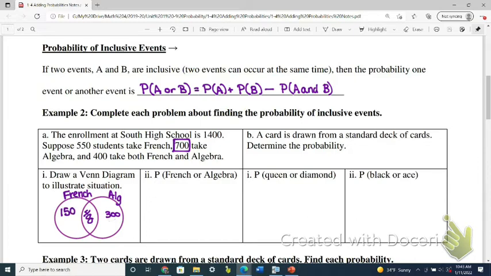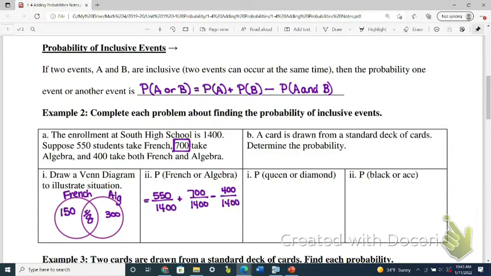So French or algebra. So that's how many take French total, plus how many take algebra total, minus, now these 400 I counted in both the French and the algebra, so I need to subtract out the 400 that I double counted.